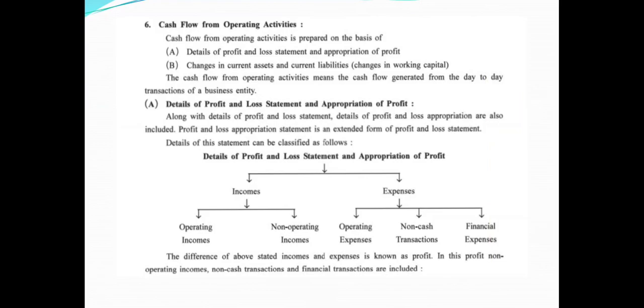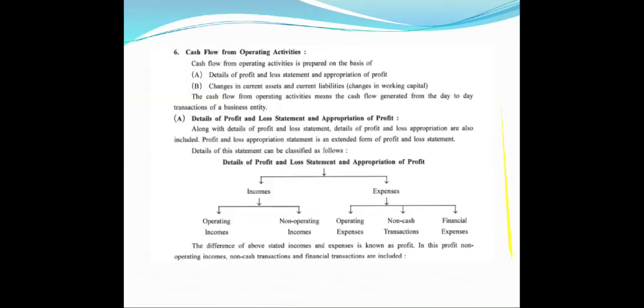The difference of the above stated income and expenses is known as profit. Yes, we know that the difference of total income and expenses is known as profit. In this profit, non-operating incomes, non-cash transactions and financial expenses are included.